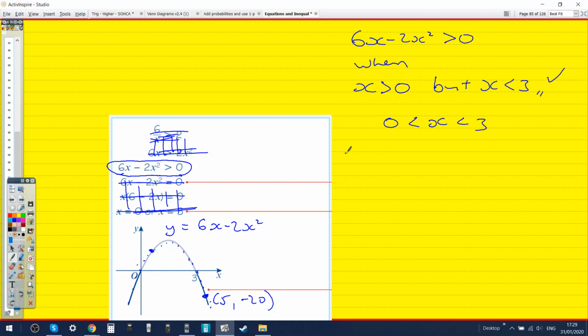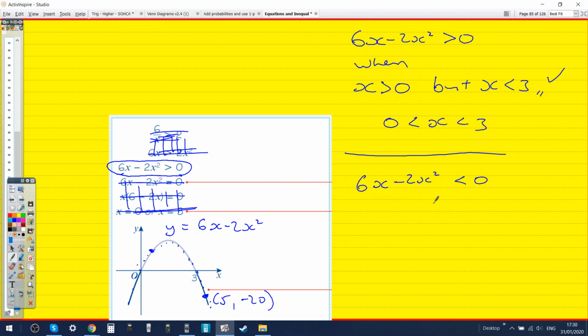Okay, and then extension. Where is 6x minus 2x squared less than 0? When does that happen? So when it's above the x-axis, that's when it's greater than 0. We want when it's less than 0.